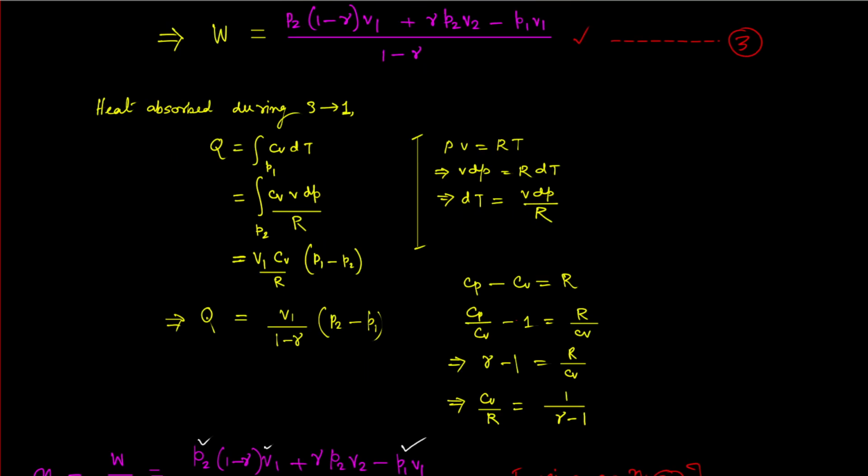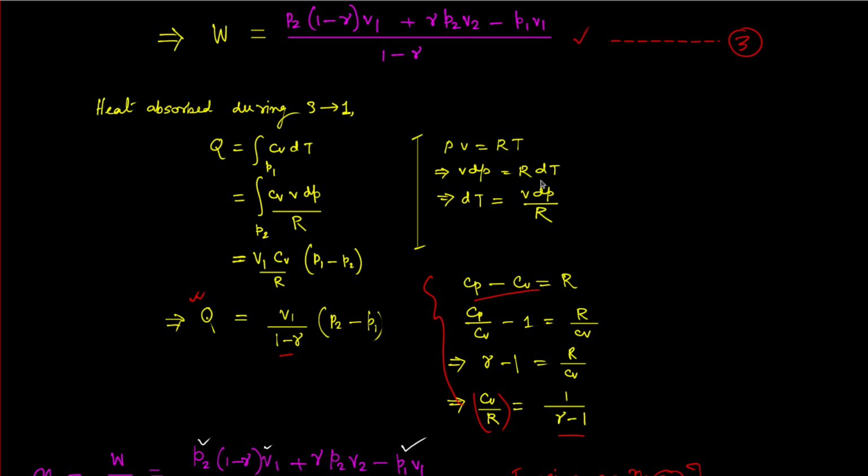And we know from Mayer's relation, Cp minus Cv is R, and from here Cv by R is 1 by gamma minus 1, and we put that in. So the amount of heat absorbed, Q equals V1 by 1 minus gamma times P2 minus P1. I just reversed it: here gamma minus 1, here I put 1 minus gamma.